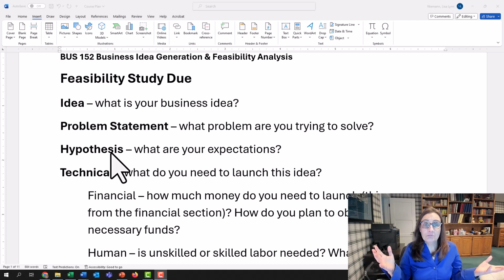But again, what are your expectations? And how do you think your business idea will turn out? Meaning, do you think it's going to have a 10% profit margin? Or maybe you think it's a really awesome idea and it's going to have a 50% profit margin. So that hypothesis is, what are your expectations?